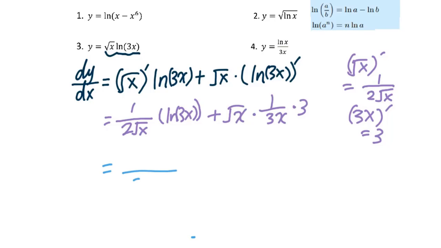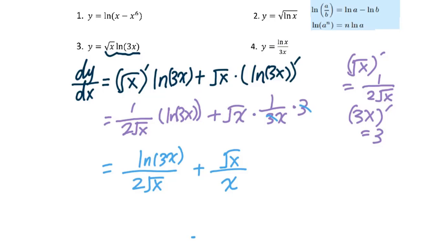Therefore, we organize 2 square root of x as the denominator, natural log of 3x plus square root of x, because these two reduce, you have square root of x. You can leave it as it is. You don't have to combine together.